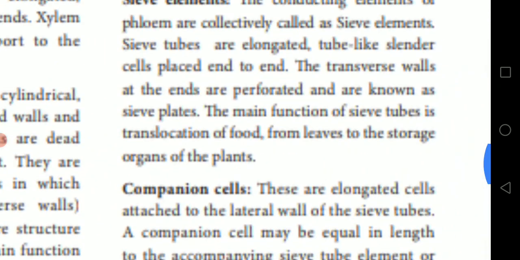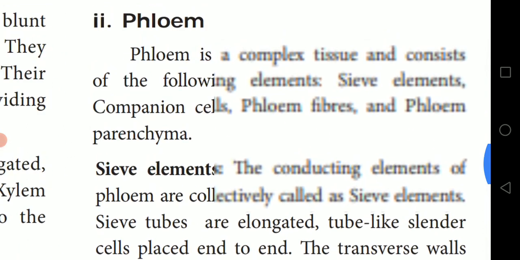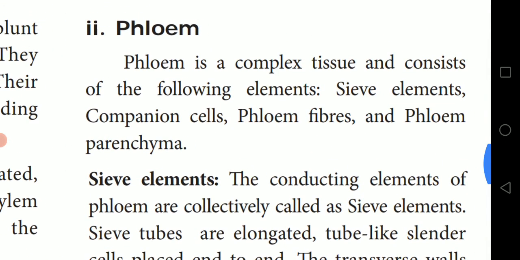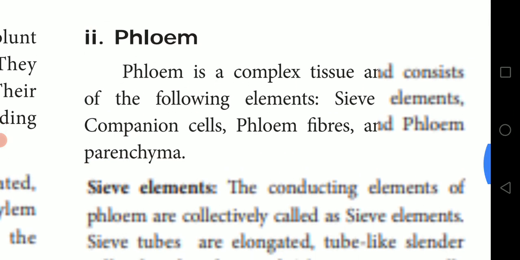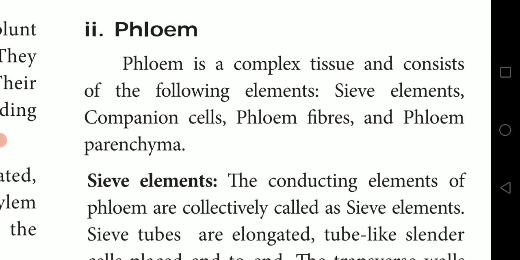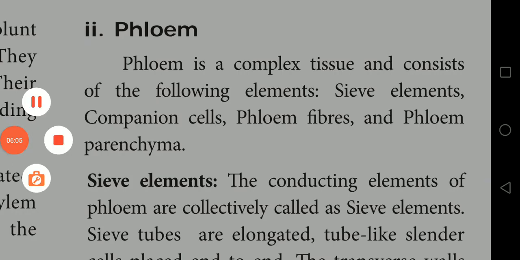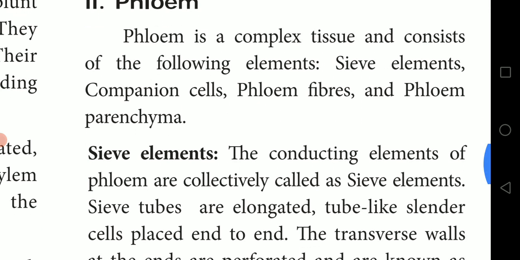We'll see what phloem is. Phloem is a complex tissue and consists of the following elements: sieve elements, companion cells, phloem fibres and phloem parenchyma.